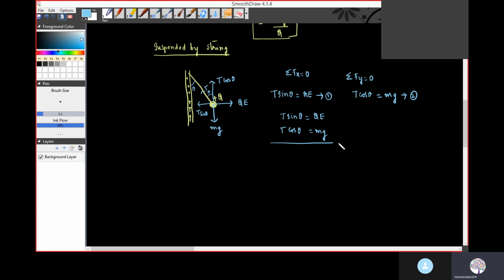Then sin theta by cos theta is tan theta. Tan theta is equal to qE by mg. So the angle we can also write as theta is equal to tan inverse of qE by mg.